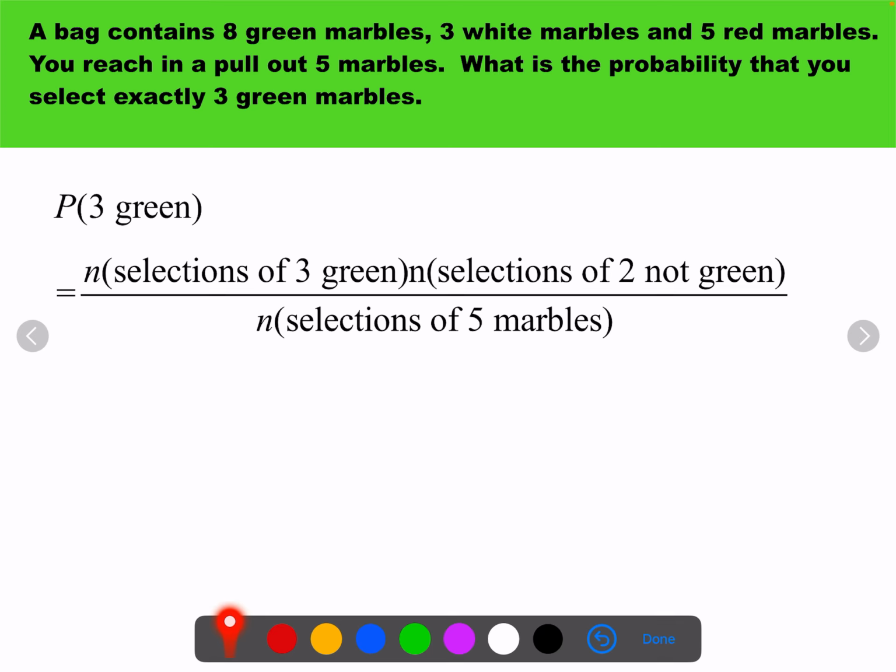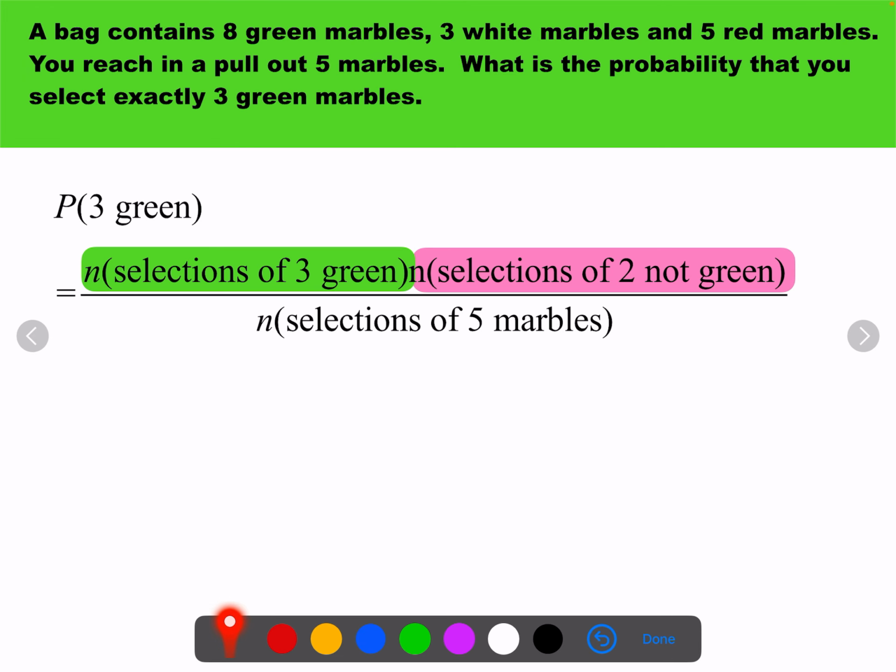Okay, so now we break this down. How many ways can I select any 3 green marbles? Well, there are 8 green marbles to start from, and I want to select 3. What mechanic do we use to do a number of selections? That's a choose statement, right? So I'm going to do 8 choose 3.